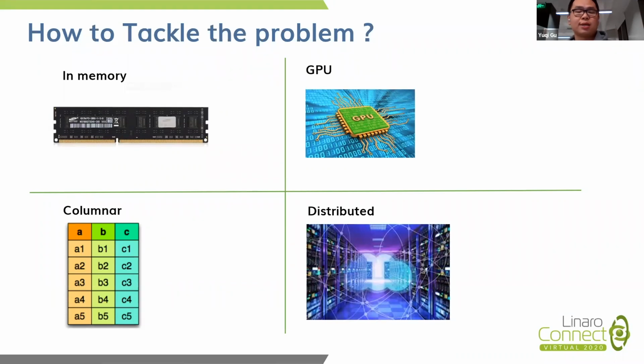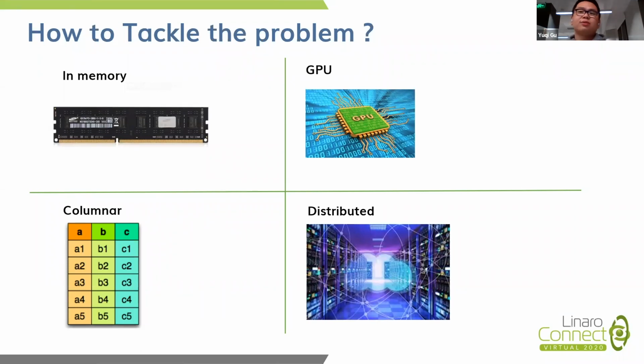We can take advantage of faster transactions and multi-user concurrency by leveraging an in-memory database. It will accelerate our performance. The other choice is GPU. GPU is a parallel computing architecture, and it can accelerate our data science workflows and data analytics.